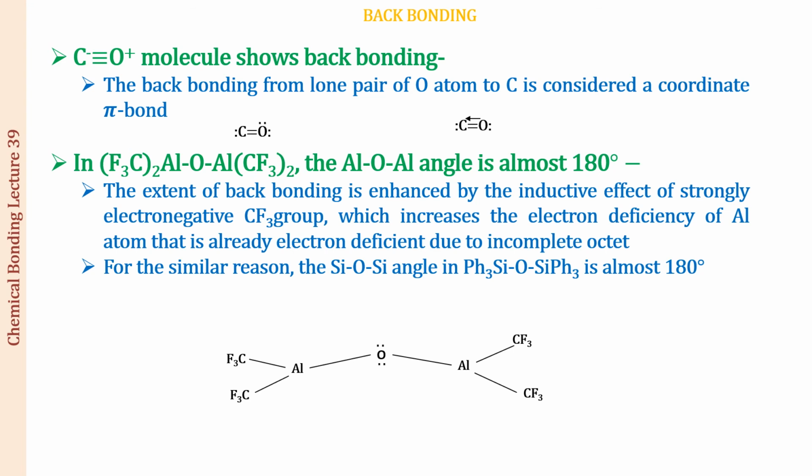And for similar reasons, as you will be learning more in organic chemistry, we have the Si-O-Si angle in (SiPh3)2O to be almost 180 degrees, because the phenyl groups attached to silicon are again going to be electron withdrawing because of their resonating effect. So this is something that I will not be discussing more here. We will be discussing this when we talk about organic chemistry in detail.